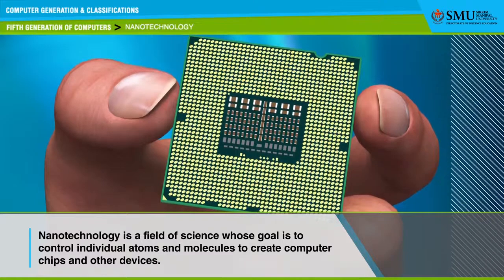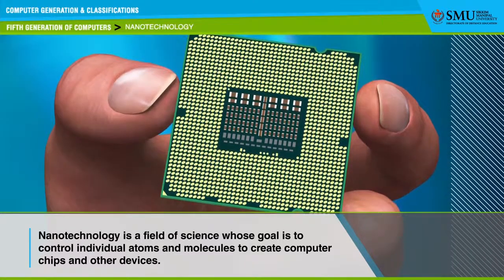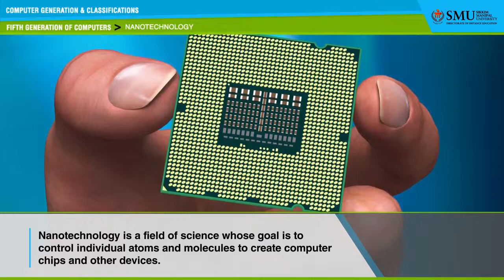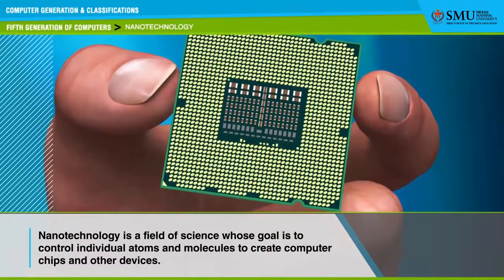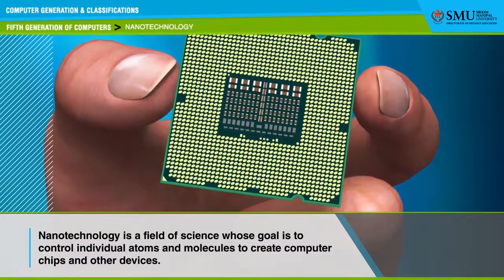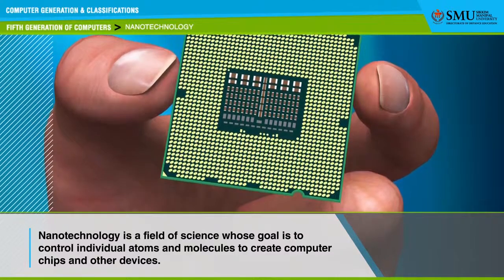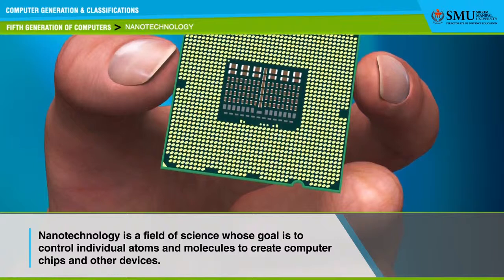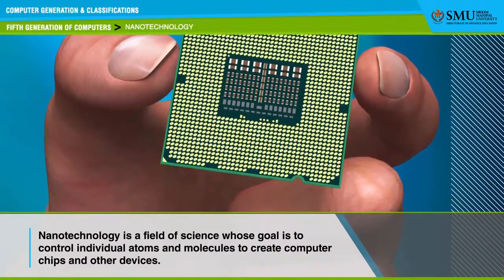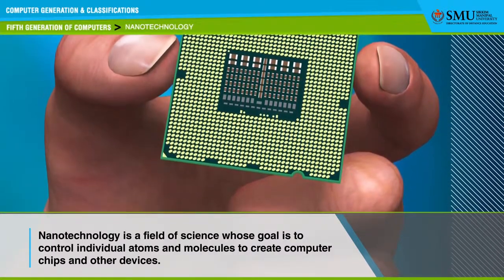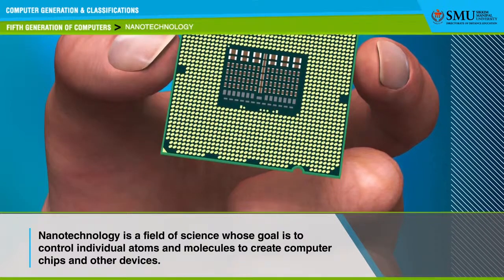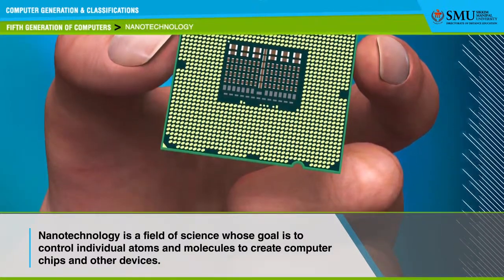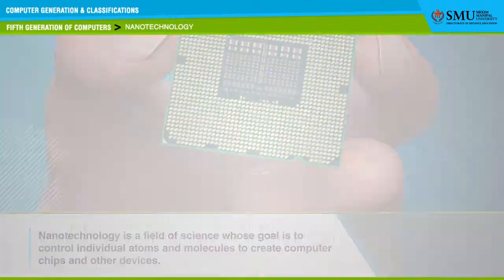The term nanotechnology was coined by K. Eric Drexler in 1986 in the book Engines of Creation. Current manufacturing processors use lithography to imprint circuits on semiconductor materials. Lithography has improved dramatically over the last 2 decades to the point where some manufacturing plants can produce circuits smaller than 1 micron.